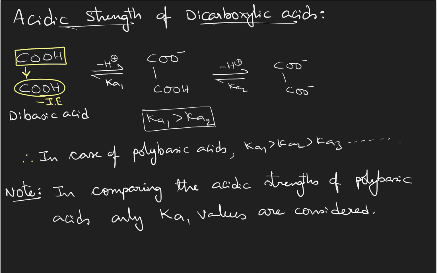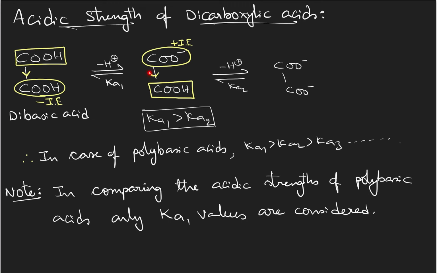Then after release of first H plus ion, now it is the second H plus ion release. So during the second H plus ion release, as this is the acidic group, the other will be the normal group, but the COO minus anions are positive inductive groups, we know. And positive inductive groups will donate the electron density. We know that electron releasing groups will decrease the acidic strength.